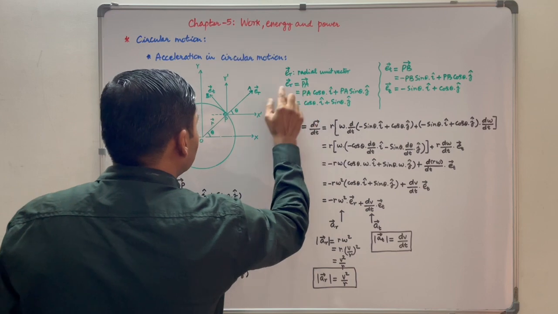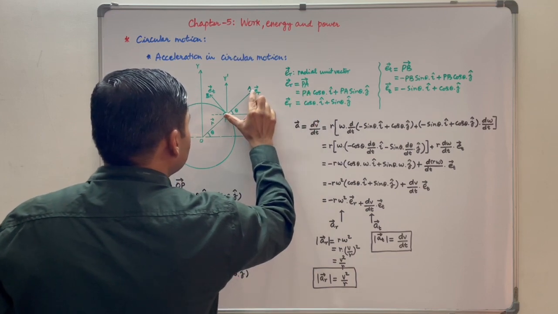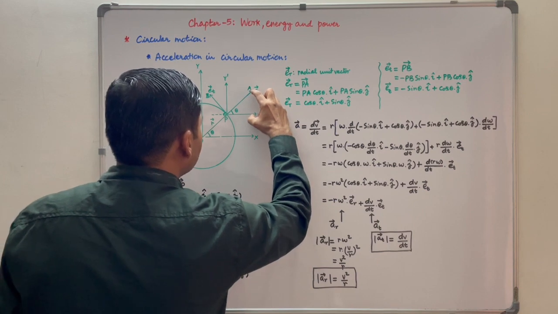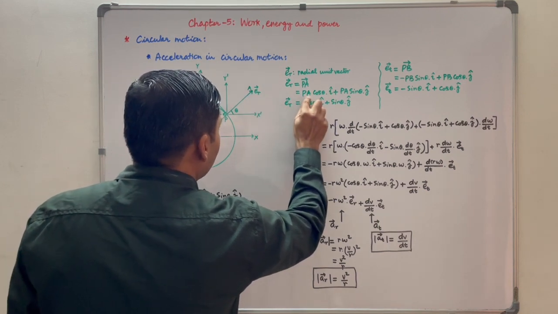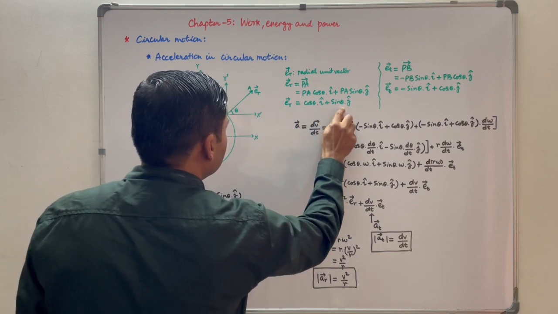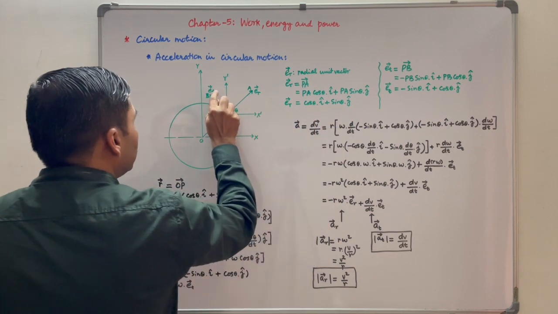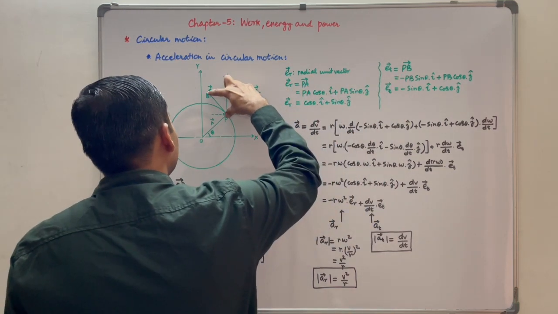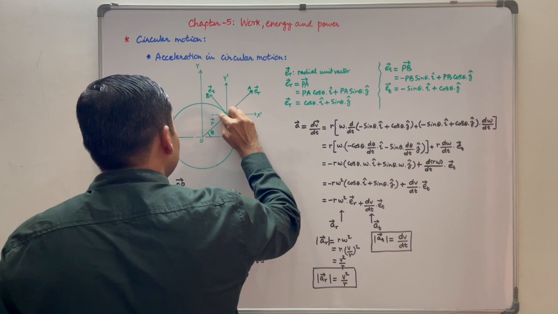Now we will write vector er and vector et. Vector er is equal to vector PA. It can be written as PA cos theta i plus PA sin theta j. Magnitude of PA is 1. So vector er is equal to cos theta i plus sin theta j. Similarly, we can write vector et. Vector et is equal to vector PB. This angle is 90 minus theta.